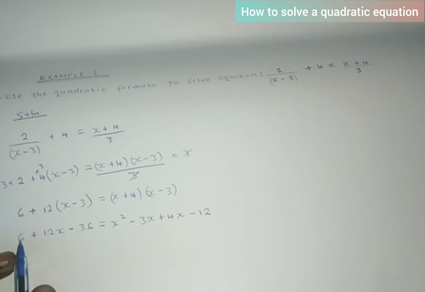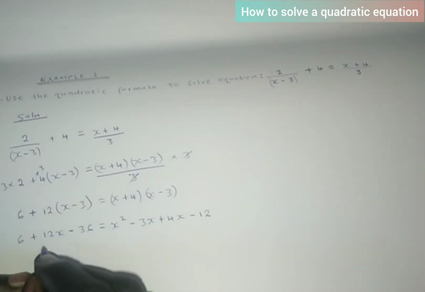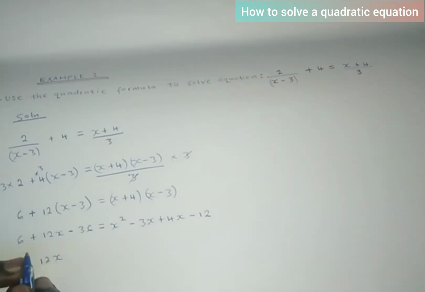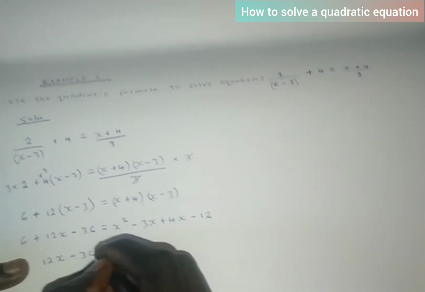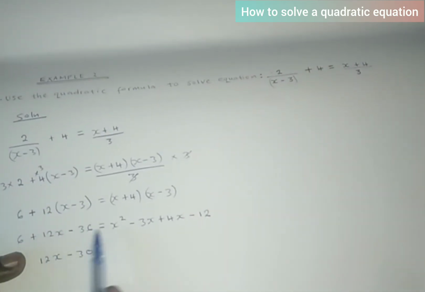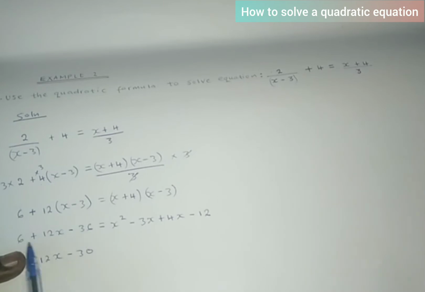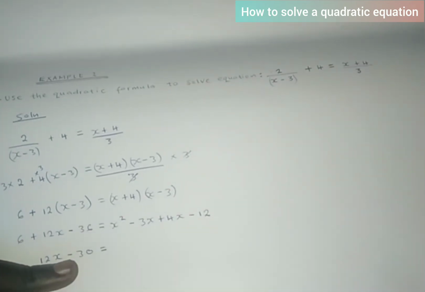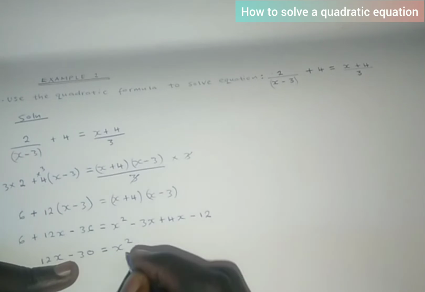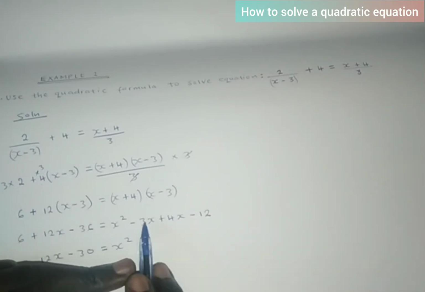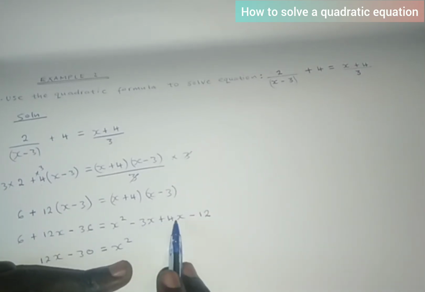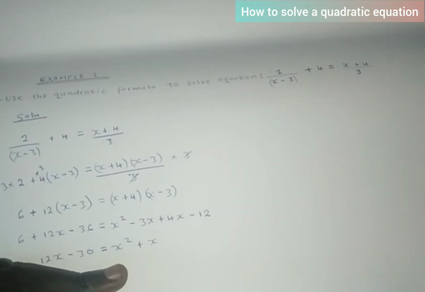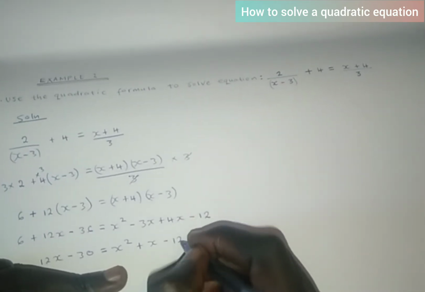So on this side we'll have 12x minus 30, because we have just collected the like terms. Negative 36 plus 6 will be negative 30. That is equals to x squared, negative 3x plus 4x will be positive x, and minus 12.